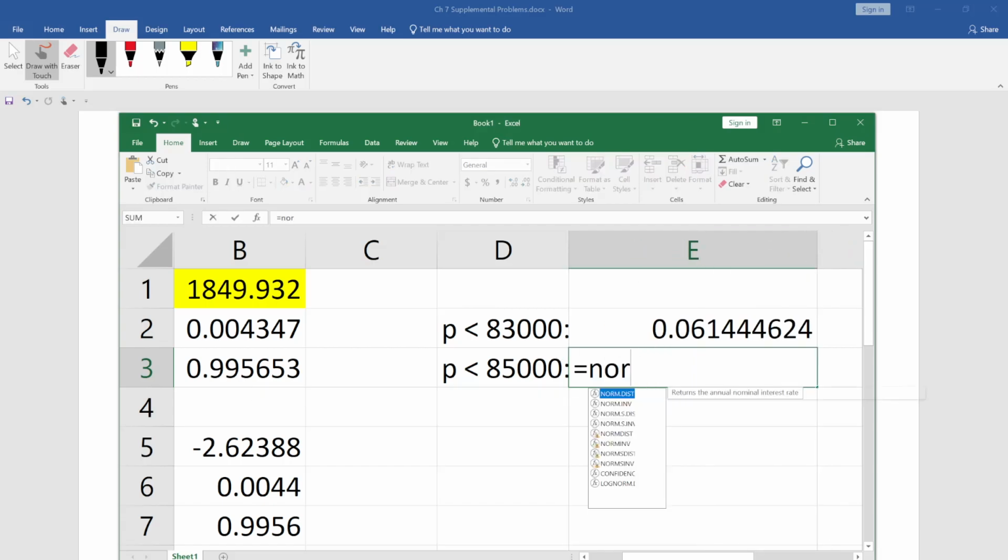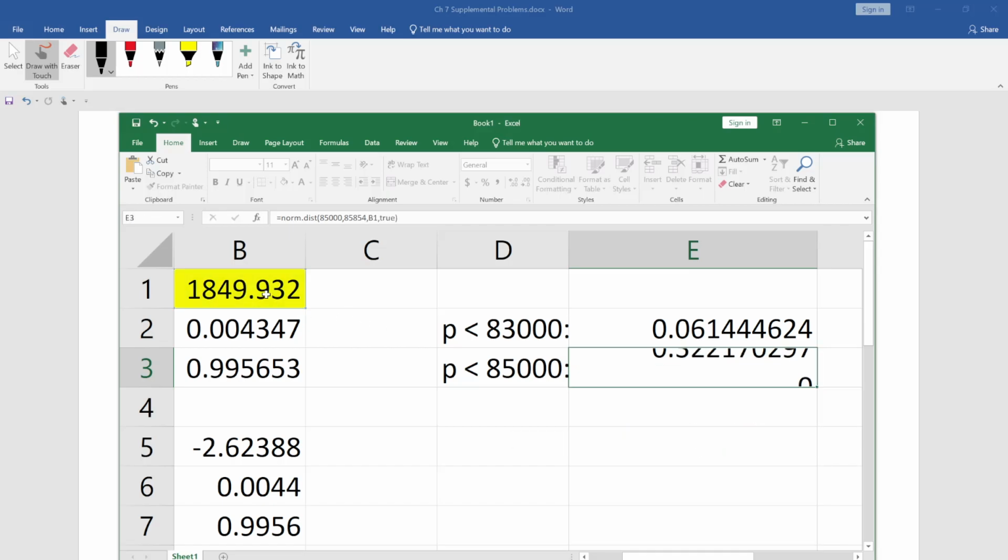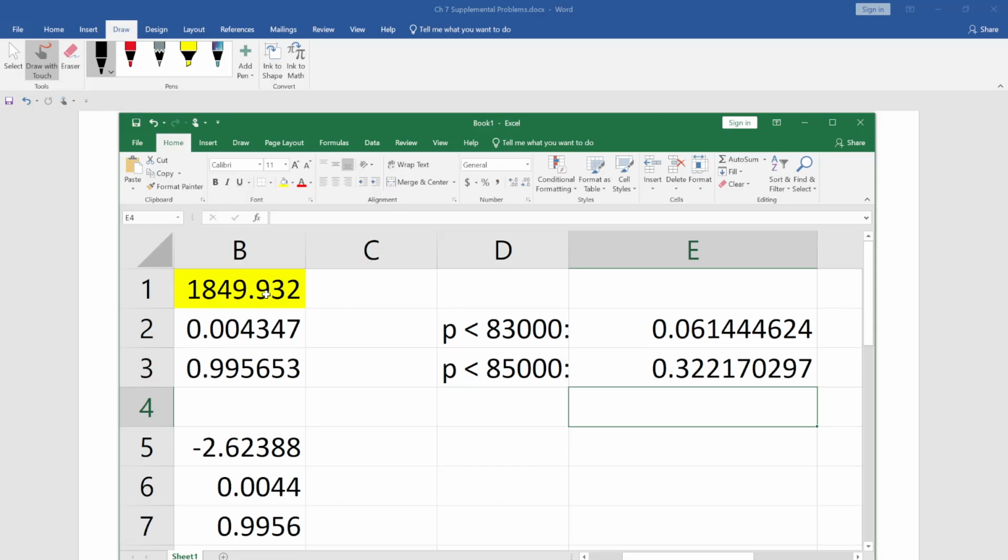So equals norm.dist, comma, 85,000, comma, 85,854, comma, the standard error, comma, true. Then to get the probability in the middle, which is what we're looking for, we're going to do equals, click the larger probability, minus the smaller probability, and that's our answer.